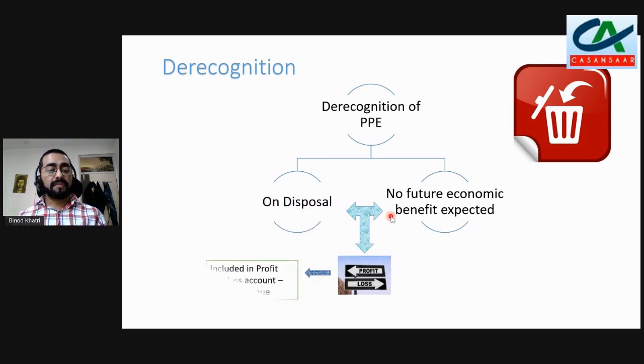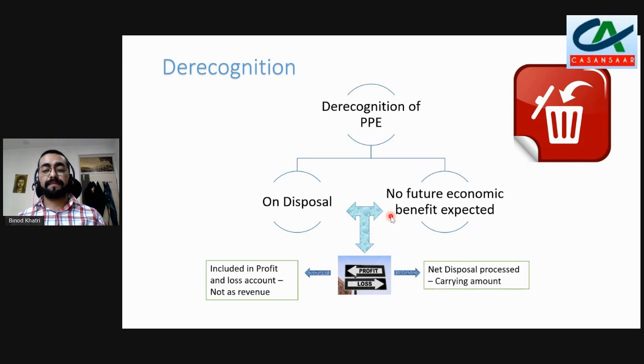In case of profit, we need to recognize that profit in the profit and loss account, but as a separate line item, not as revenue from normal business, because this is not something you generated as part of normal business. It is an extraordinary item, so it is in the profit and loss account, but a separate item.